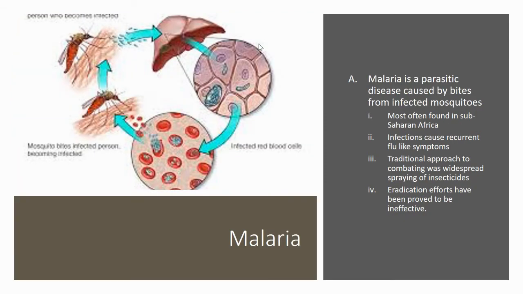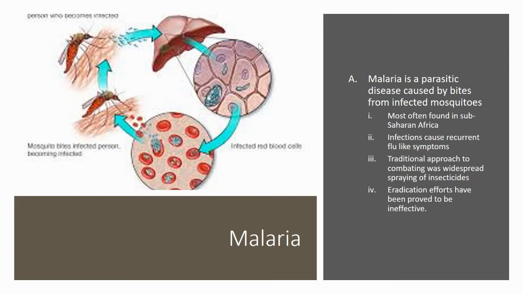We see malaria is a parasitic disease caused by bites from an infected mosquito. We see it most often in areas found in sub-Saharan Africa. Those infections cause recurrent flu-like symptoms. The traditional approach to combating it was widespread spraying of insecticides, and eradication efforts have, however, been proven to be ineffective at eliminating this disease.